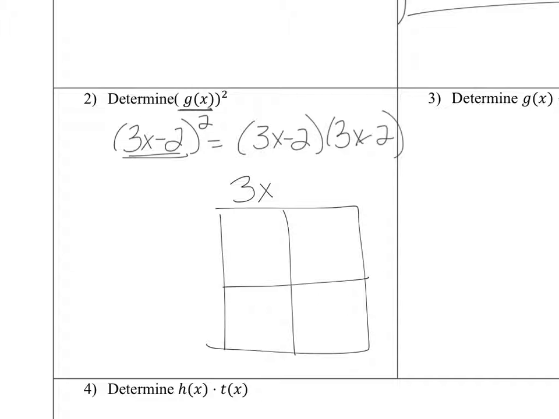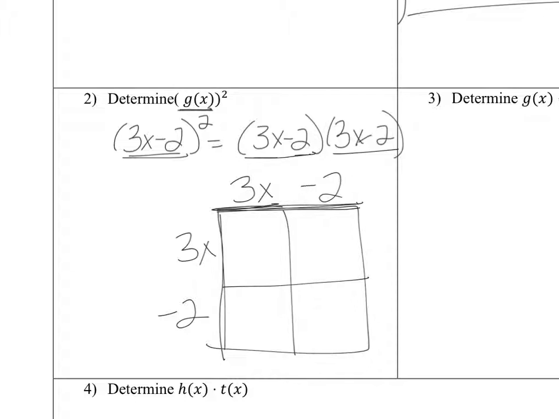We create a box. Each part of the box is a term of a binomial. So this binomial is going to be over here, and this binomial is going to be over here. It doesn't matter which one goes where, especially since they're the exact same thing anyway, as long as one binomial is on the top and one binomial is on the side.